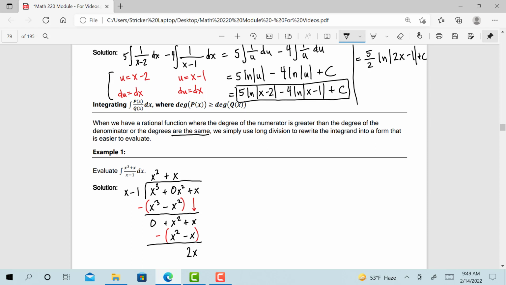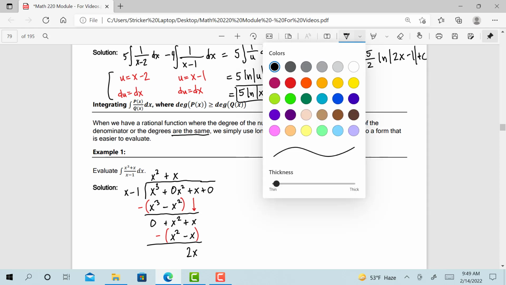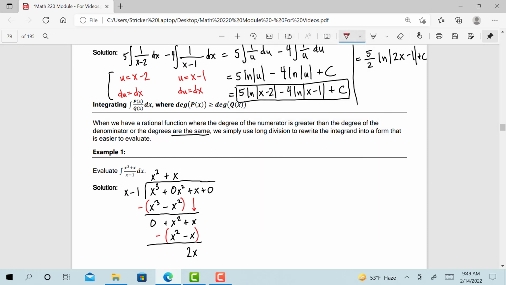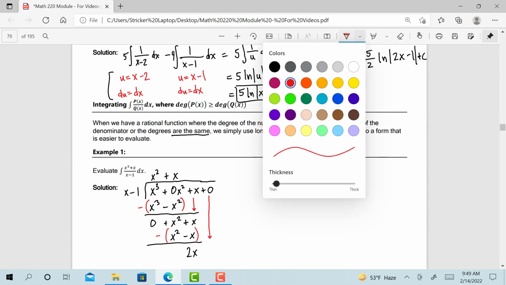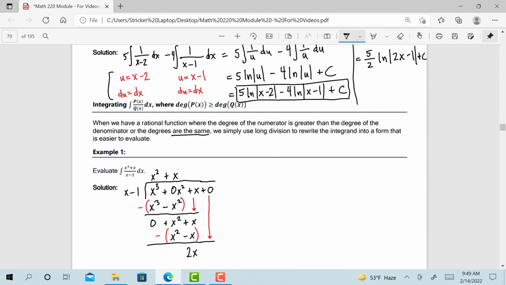And again, we have a remainder, so we're going to add one more term here. Now there isn't a constant term, but we need to artificially add that. We'll do a plus 0, and then we'll bring down that 0. When we do that, we ask again, what does x need to be multiplied by to get 2x? Well, it needs to be multiplied by 2.